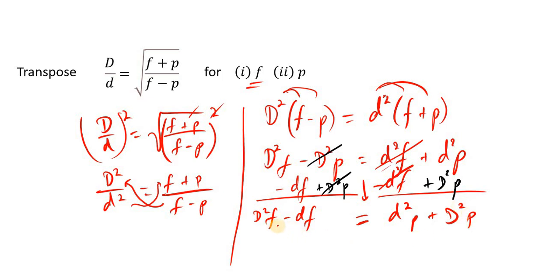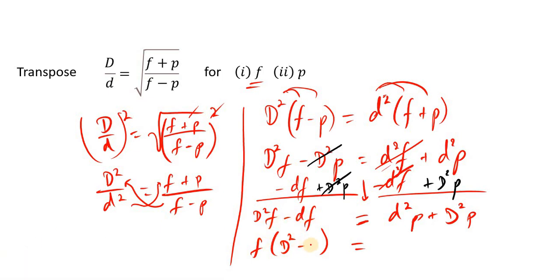Now this allows me to factor out f. So we're going to have f, open bracket, and then put d squared minus capital D squared. And then we can actually, if we want to, factor out p. I think that would be cool. But I think I made a mistake here, so let's just correct that quickly. So we factor out f.